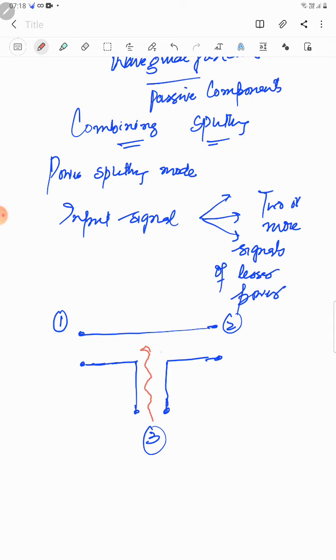This is the signal that we feed at port 3. Naturally this signal will split into two parts. So if we connect a source at port 3, part of this energy flows to port 1 and part of this energy flows to port 2. So this time it acts like a splitter. This waveguide junction in this example acts like a splitter.